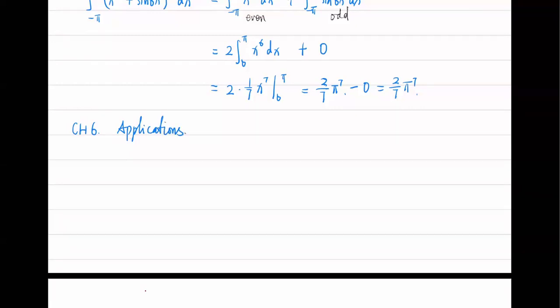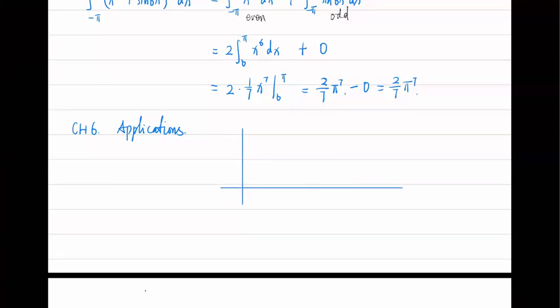Okay, so previously we introduced the integral as the area under the graph.